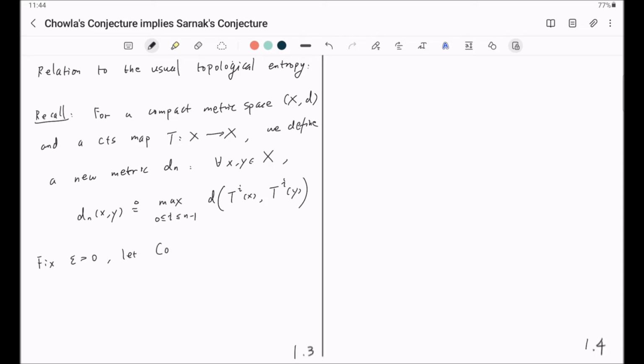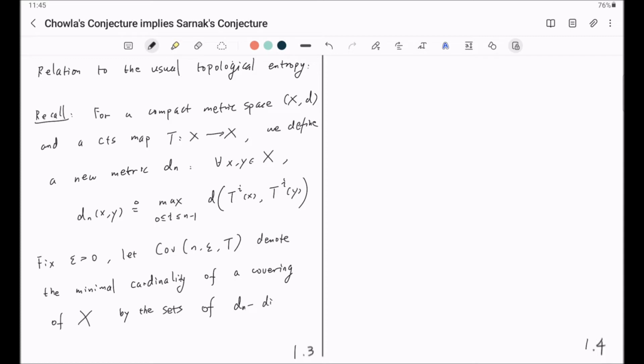Let C(n, epsilon, T) denote the minimum cardinality of a covering of X by sets of D_n diameter less than epsilon.